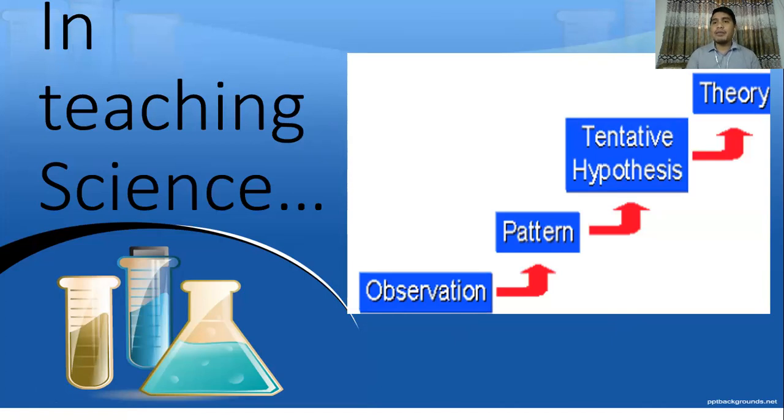And this is probably the reason why inductive method is very applicable in science teaching. So when we say inductive method, we teach from specifics to general. So meaning to say in this method, the students have to explore first before they are going to come up with generalization.